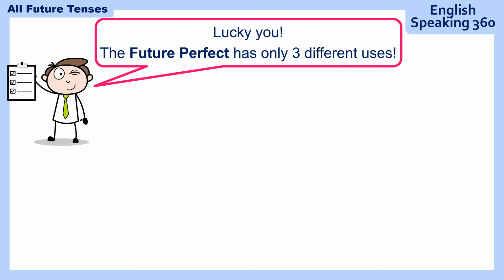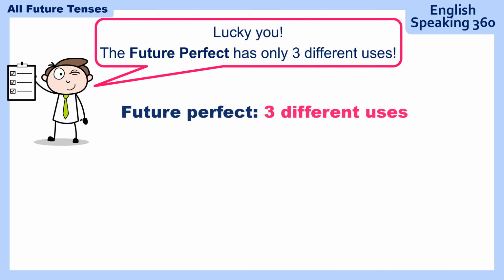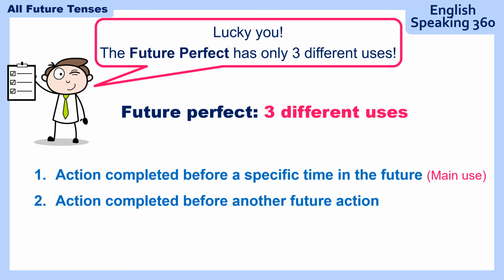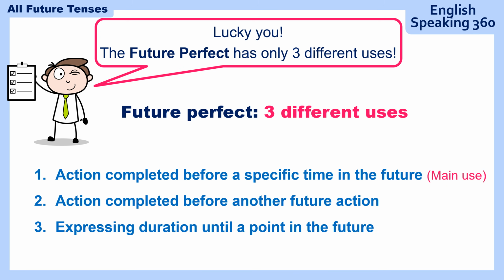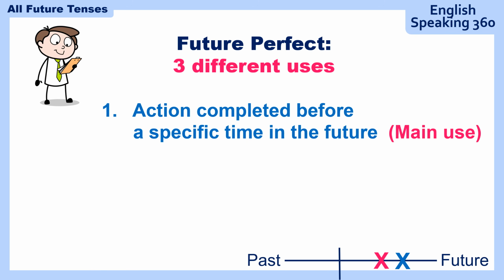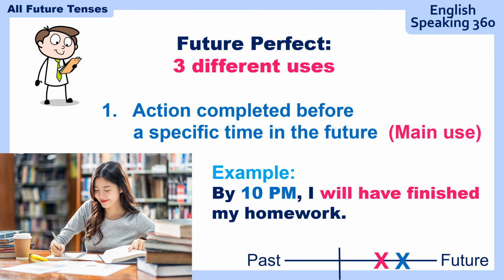Lucky you, the future perfect has only 3 different uses. So here they are, 1, 2, and 3. Let's take each one and I'll give you many examples. So the first one, action completed before a specific time in the future. Here's another example. By 10 p.m., I will have finished my homework.